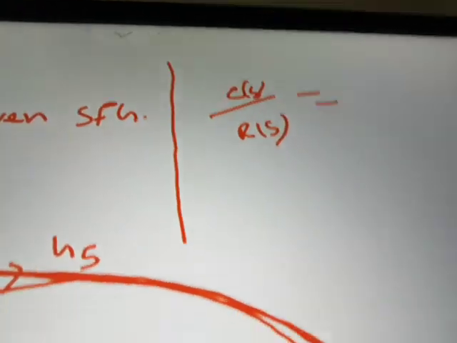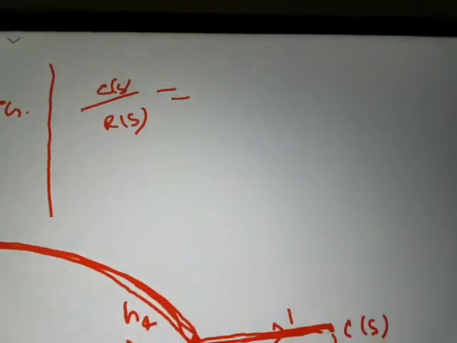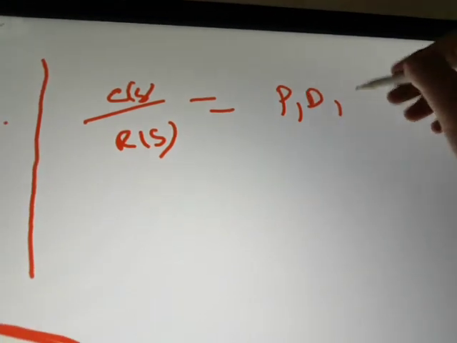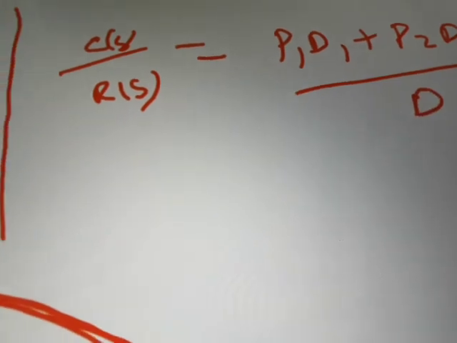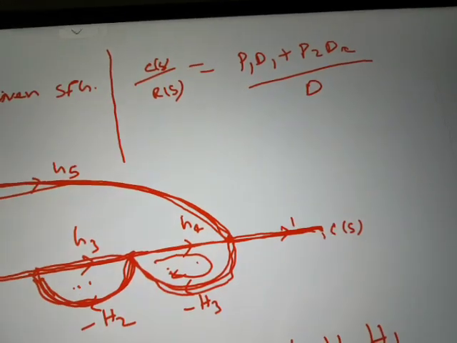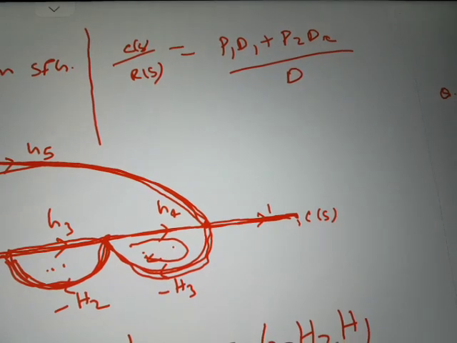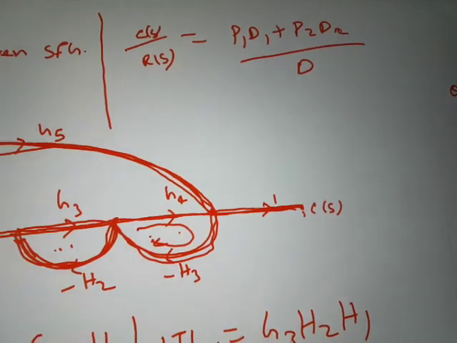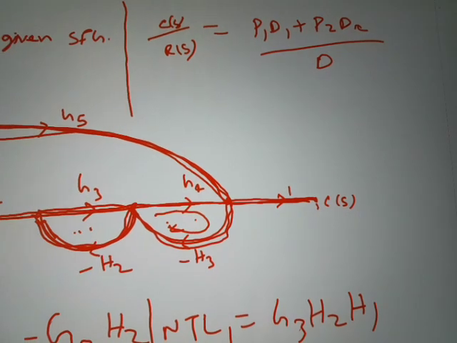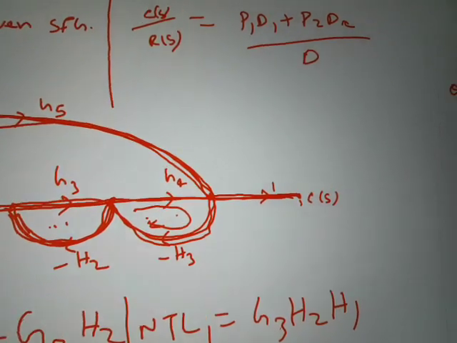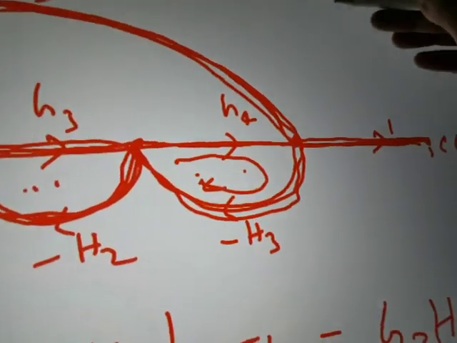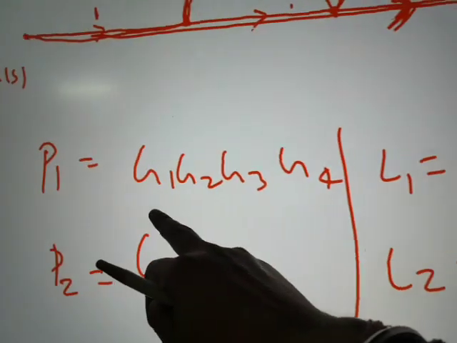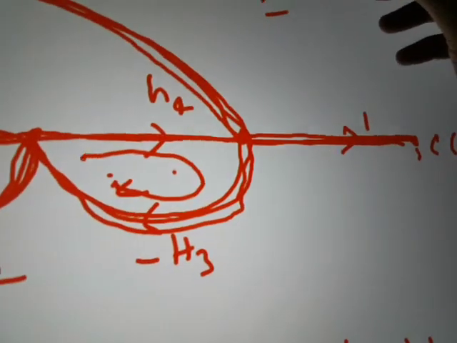It is the summation from k equal to 1 to n of Pk delta k by delta, where n is the number of forward paths. Here there are 2 forward paths, so P1 delta 1 plus P2 delta 2 by delta.